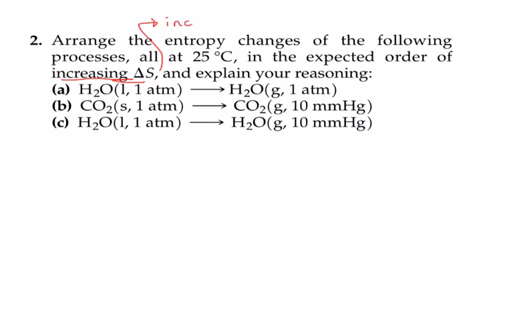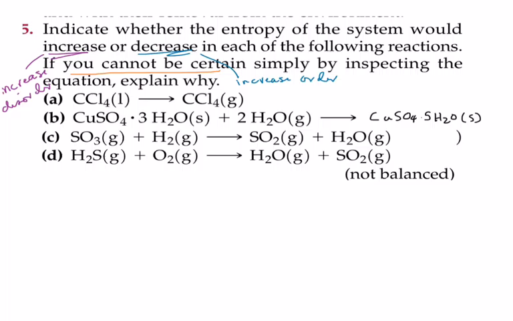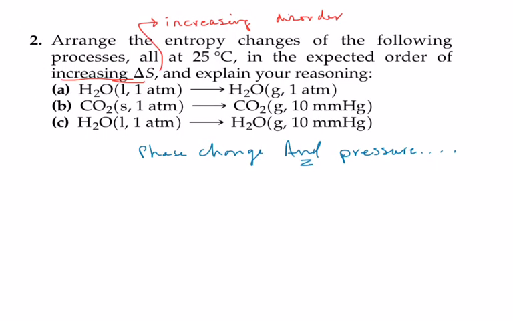Let's see what the next one looks like. Okay, this one is similar. Arrange them. Take your time. They're all kind of related. You have three, and you're supposed to arrange them in order of increasing change in entropy, so increasing disorder. You see what it starts at and what it ends at.